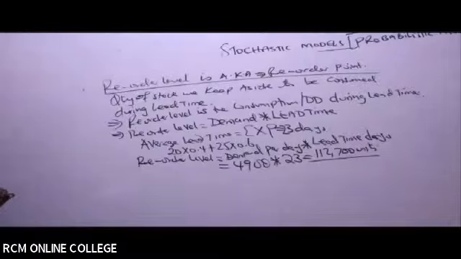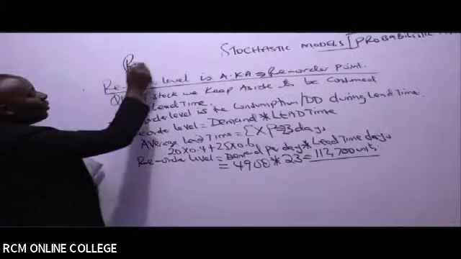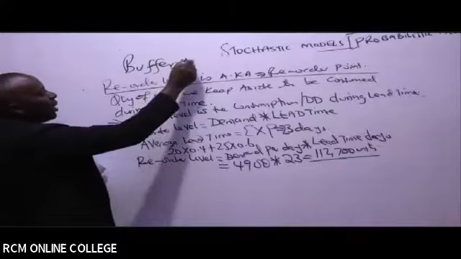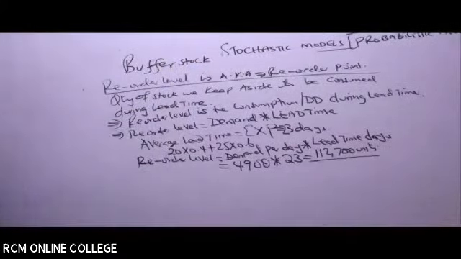So now we want to look at the concept of what here? The concept of safety stock. So tell us there that safety stock, aka buffer stock, B-U-F-F-E-R, buffer like this, also known as buffer stock, is the minimum additional inventory held above the current reorder level.